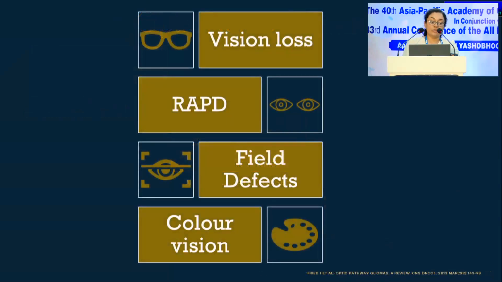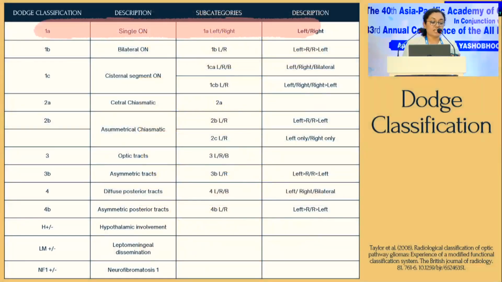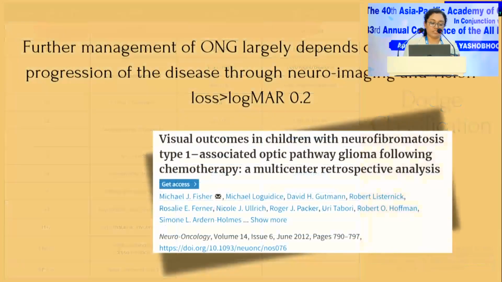When symptoms do arise, visual loss is the most common, regardless of tumor location, and this is often accompanied by relative afferent pupillary defects, field defects, and color vision deficits. Typically, fundus changes suggest optic atrophy, but in our case, the disc swelling was noted, probably because of an earlier diagnosis. Dodge classification typically categorizes optic nerve involvement as stage 1, but was excluded in our patient.